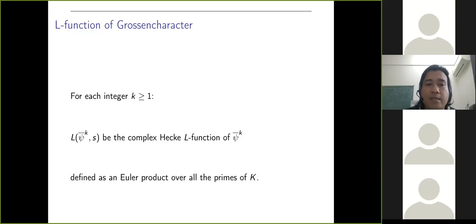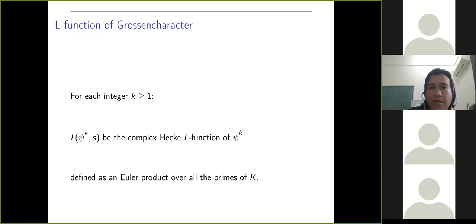Then I can take its L function, defined by an Euler product over all the primes of k. I haven't written it down explicitly, but these things are well known.